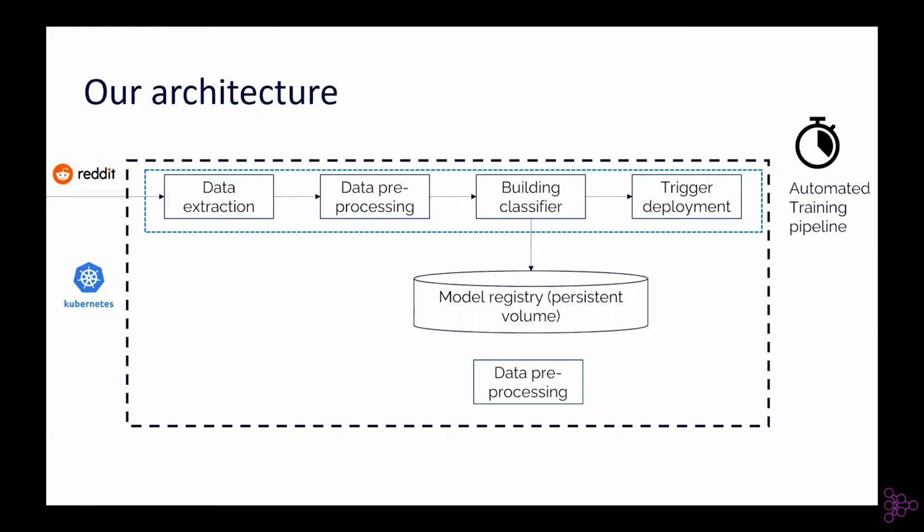Obviously, our machine learning inference engine will, when the trigger deployment is active, take the model from the model registry and send back the new image to the inference model. Everything is based on images, even the pipelines, even the components of the pipelines. So here you will have a rollout, so there is no downtime. That's what's cool.